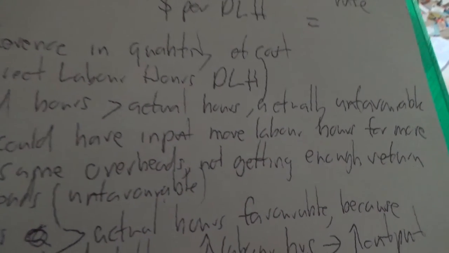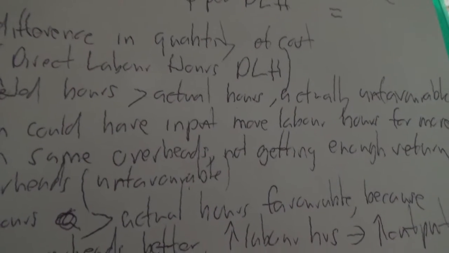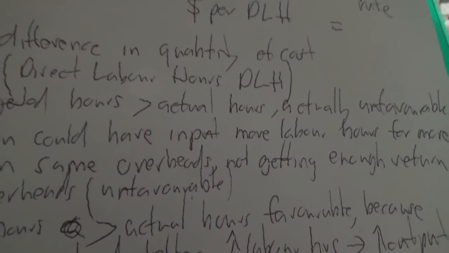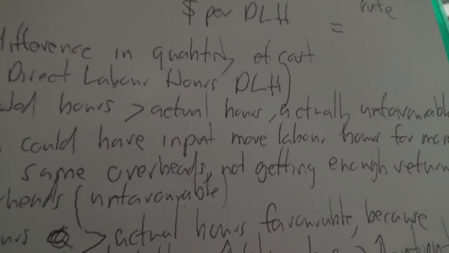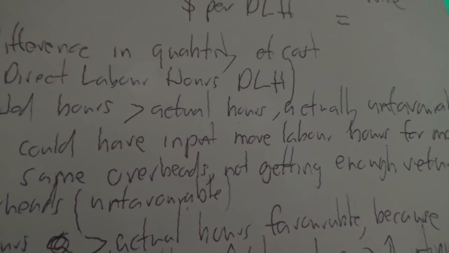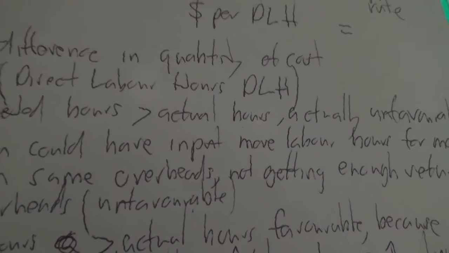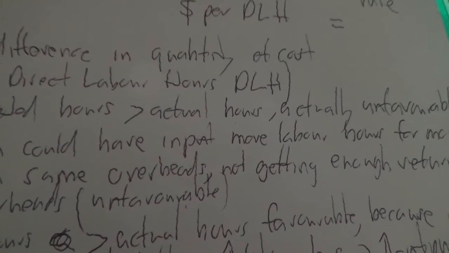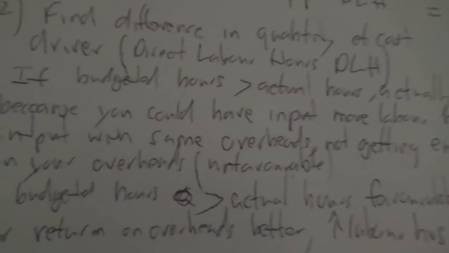I'll tell you why: it means you haven't reached your capacity, but you're still paying the same overhead. So you want production to be up to capacity. You might think if budgeted labour hours is greater than actual hours, that's favourable, but it's the other way around, because we're talking about capacity. You want to get to full capacity because you're still incurring all those overheads.